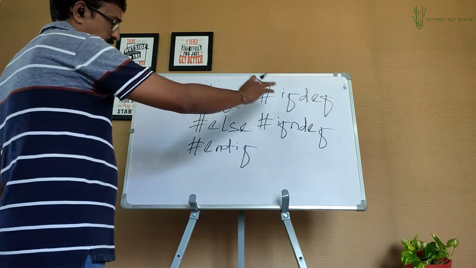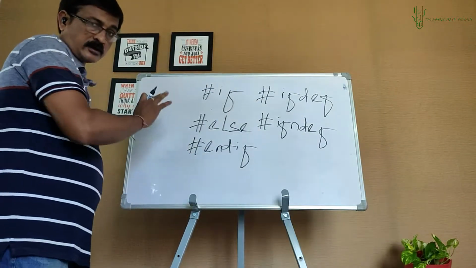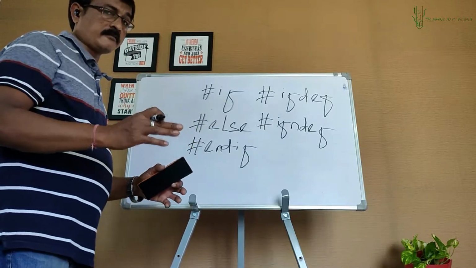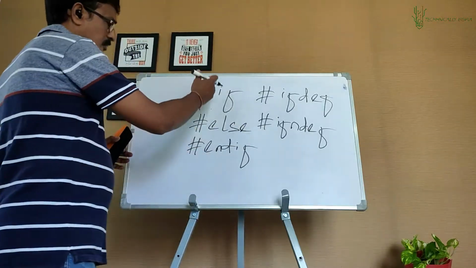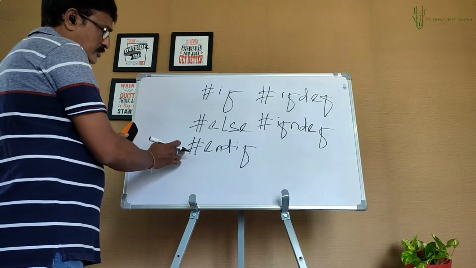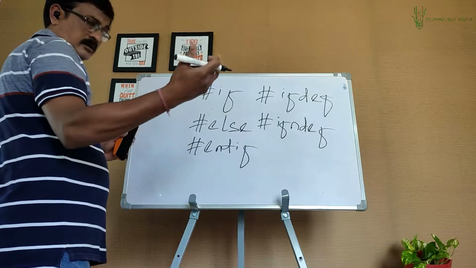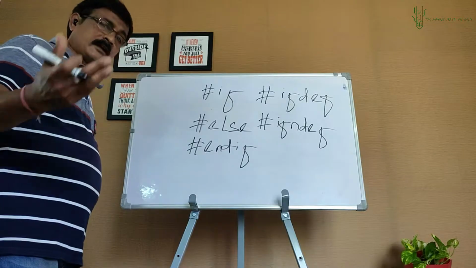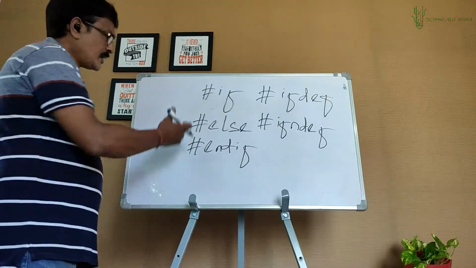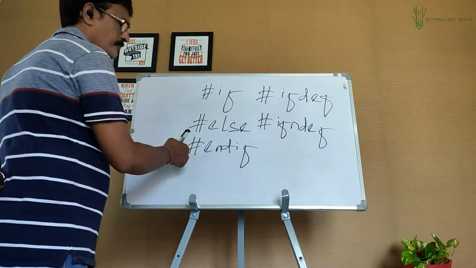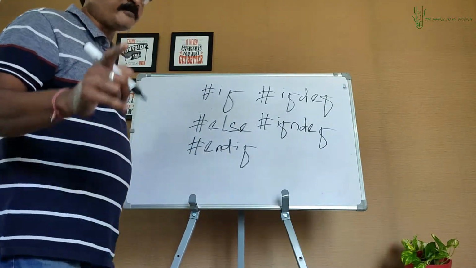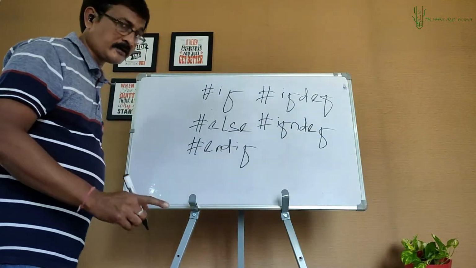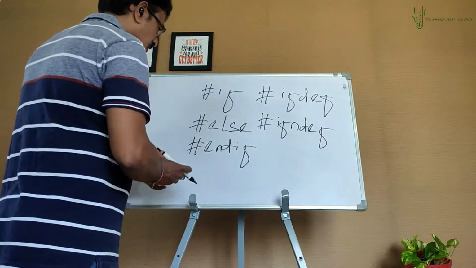So all these constructs will be used in case of conditional compilation. Of course, like if you remember, we have if, else, that kind of same way it is used. #endif denotes the end of if. Remember that. For each #if there should be an #endif. Got it? So let's start with it.